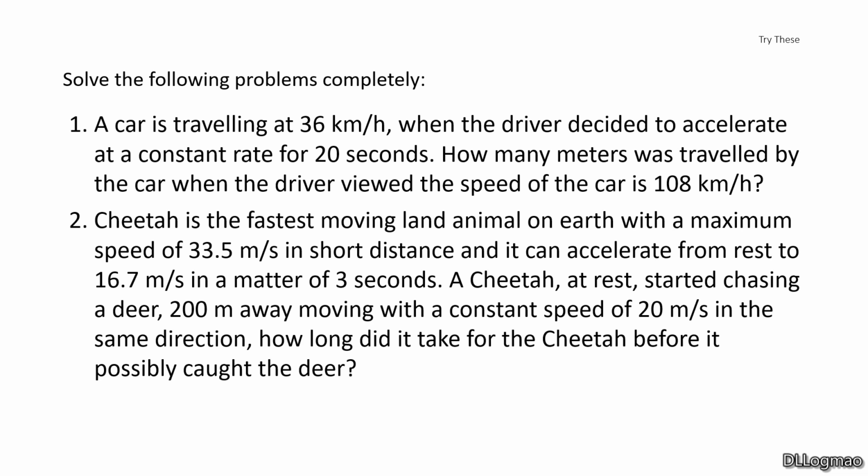A cheetah at rest started chasing a deer 200 meters away, moving with a constant speed of 20 meters per second in the same direction. How long did it take for the cheetah before it possibly caught the deer?